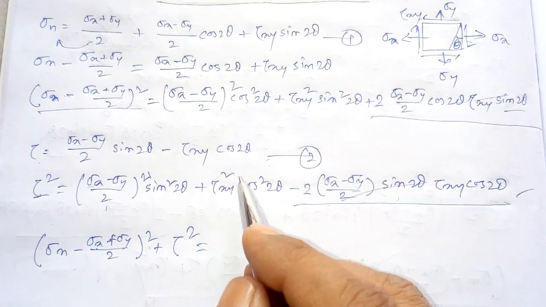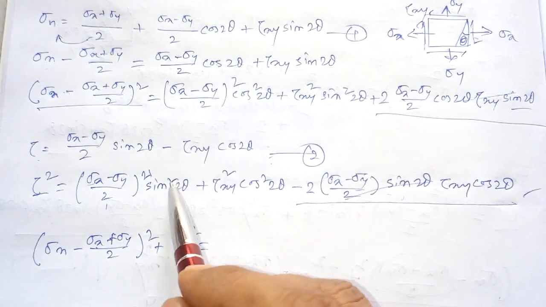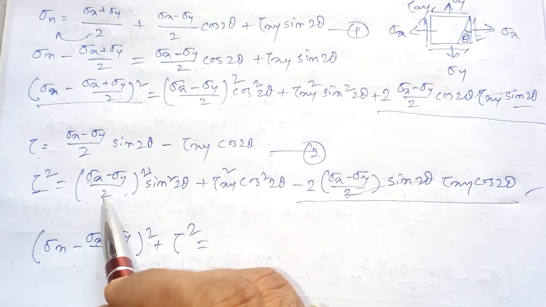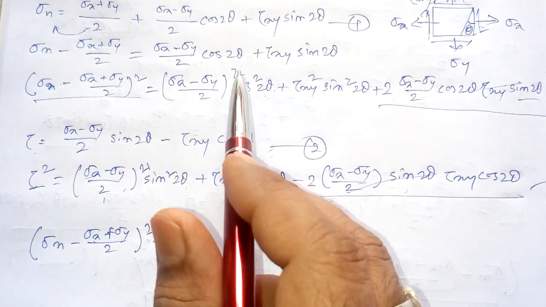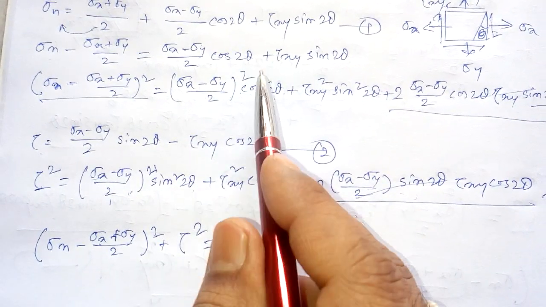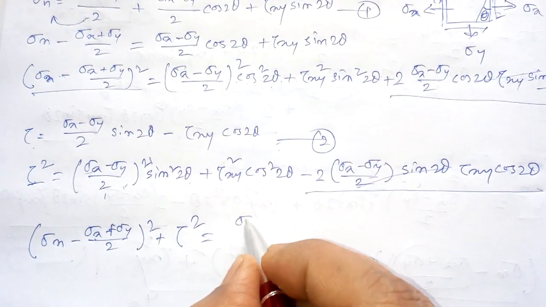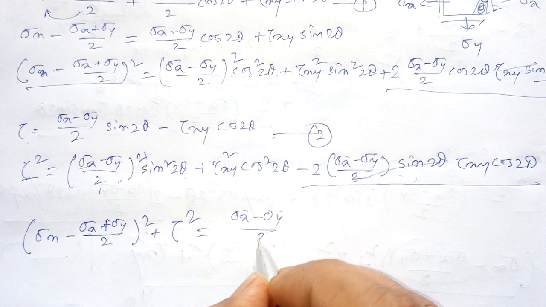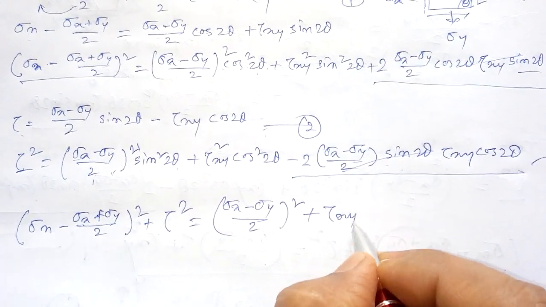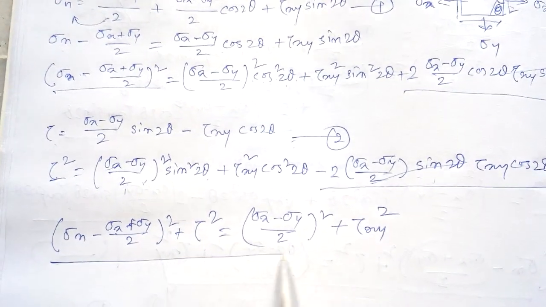So what we will get is ((sigma x minus sigma y) by 2) whole square cos square 2 theta and ((sigma x minus sigma y) by 2) whole square sin square 2 theta. If we add and take this part common, sin square plus cos square will be equal to 1, so we will get simply ((sigma x minus sigma y) by 2) whole square plus tau xy square, right?